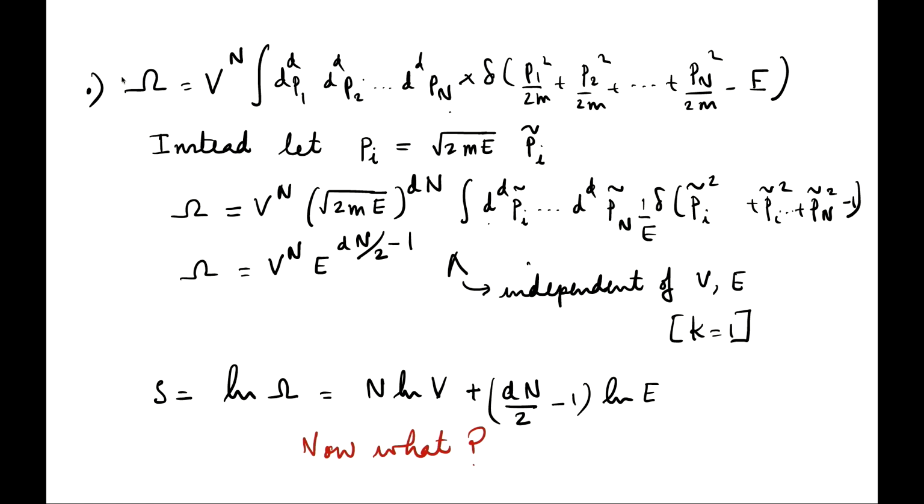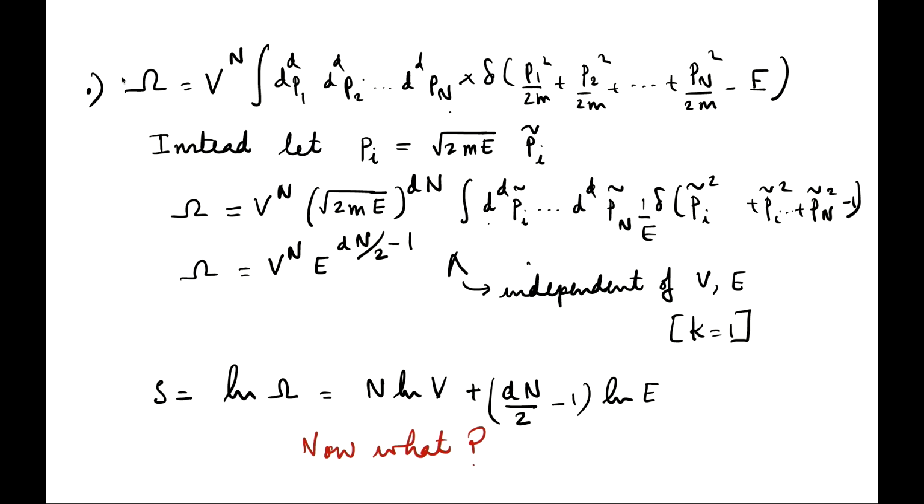Omega is V to the power n, E to the power dn by 2 minus 1, into some factor gamma which has neither volume nor energy in it. It has some mass dependence, some other dependence and so on, but it has neither V nor E. So we need only this much.